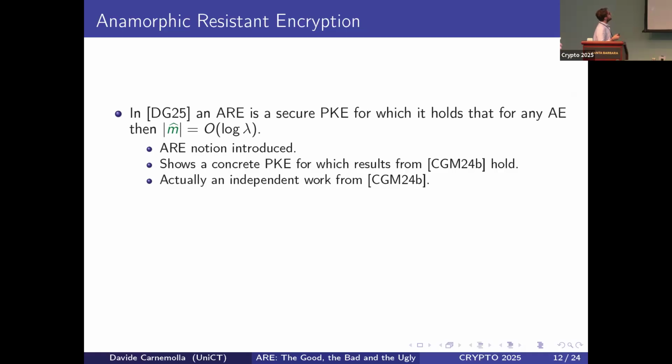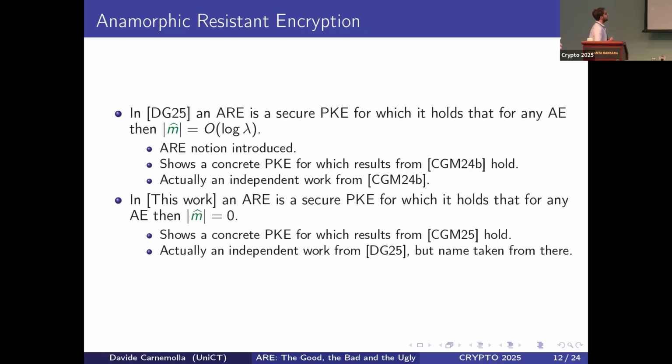But in their case, they defined an anamorphic resistant encryption scheme as a secure PKE such that for any anamorphic encryption scheme, the size of the covert message must be at most log lambda bits. While in our case, we define an anamorphic resistant encryption scheme as a secure PKE such that the sender is not able to encrypt any covert message, even if it's only a bit of information. So in our case, the size of the covert message must be equal to 0.